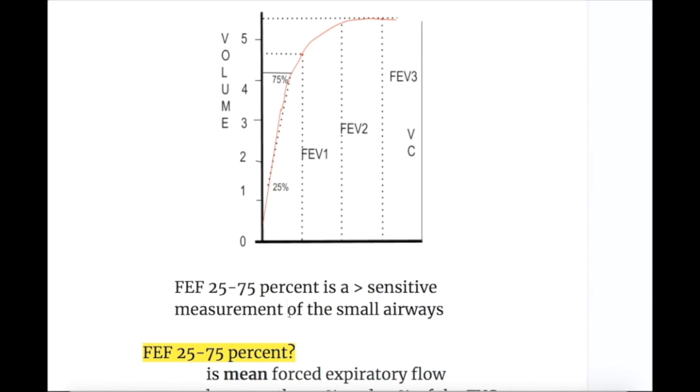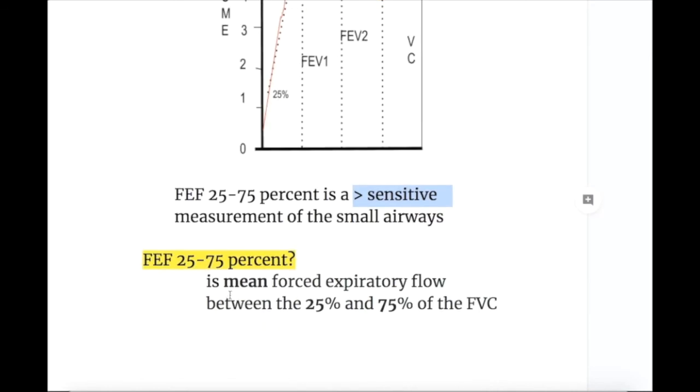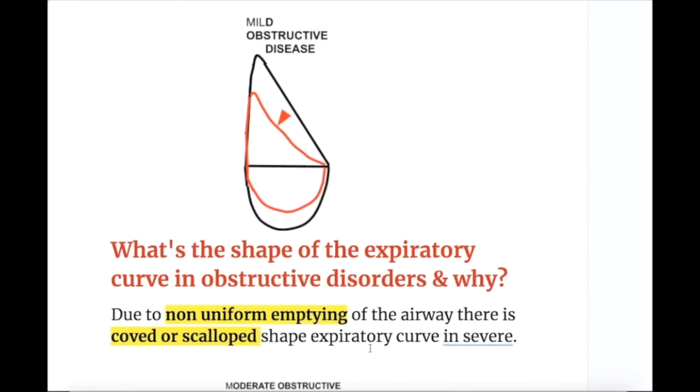FEF 25 to 75% is a more sensitive measure of small airway obstruction. And what is FEF 25 to 75%? It is the mean forced expiratory flow between 25 and 75% of forced vital capacity. Now, what is the shape of the expiratory curve in obstructive disorders and why?